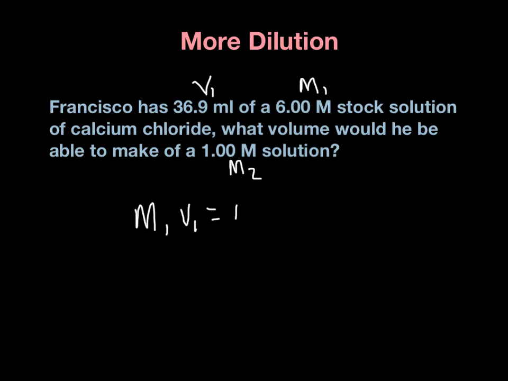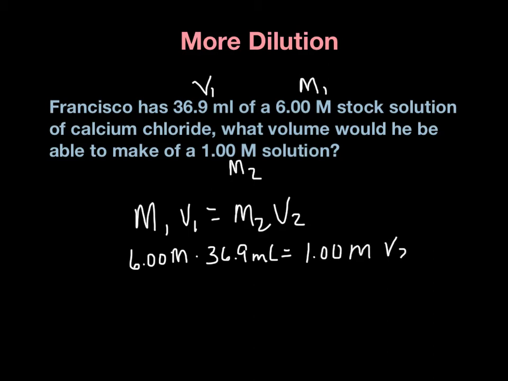So I'm going to plug these in, writing out the formula again, and I'm going to write the units. M1 V1 equals M2 V2. And so for M1, I'm going to put 6.00 molar times my volume 1, which is 36.9 milliliters, equals M2, which is 1.00 molar, times V2. And so when I solve for V2, I get 221.4.